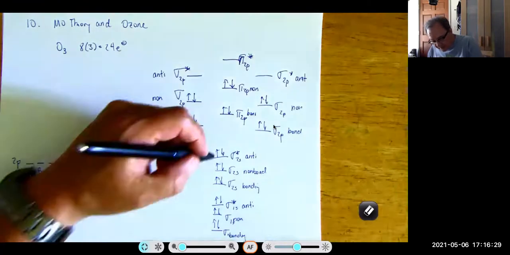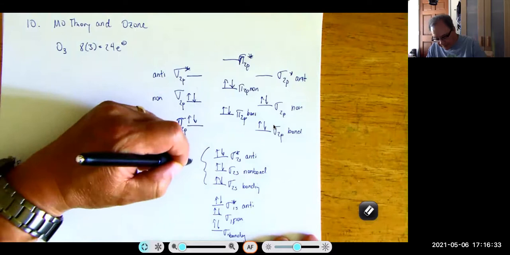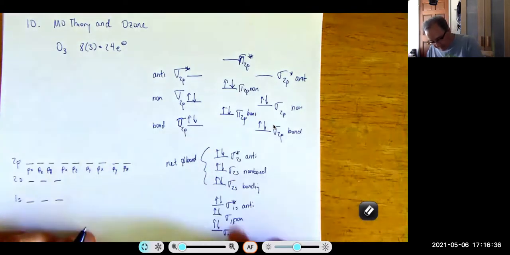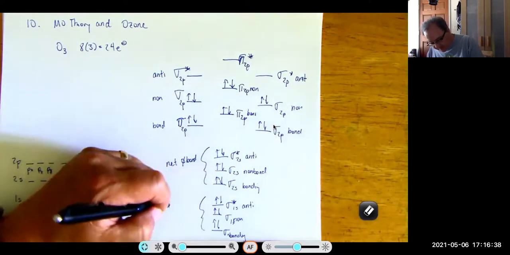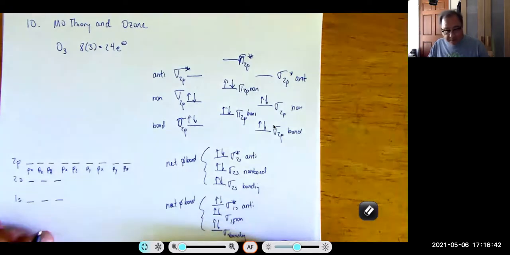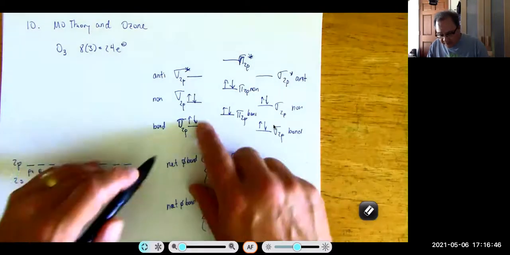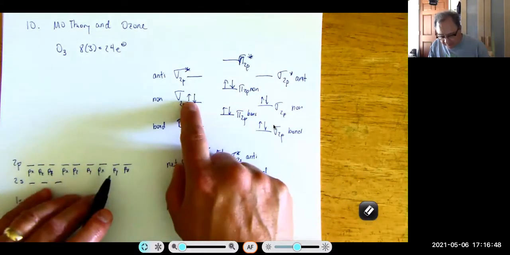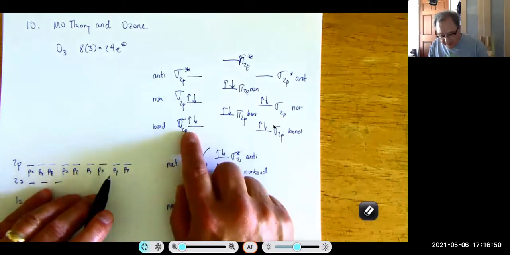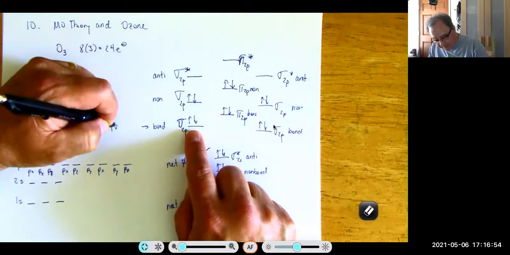Now here, you're going to have a net 0 bonds because the anti-bonding cancels the bonding. Here you're going to have net 0 bonds because the anti-bonding cancels the bonding, and non-bonding doesn't create a bond. So what are you going to have here? Well, here you have a non-bonding sigma bond, and here you have a bonding sigma bond. So this represents 1 sigma bond.